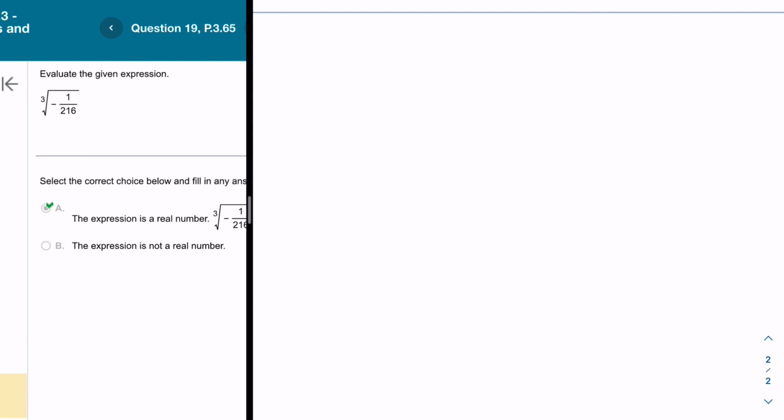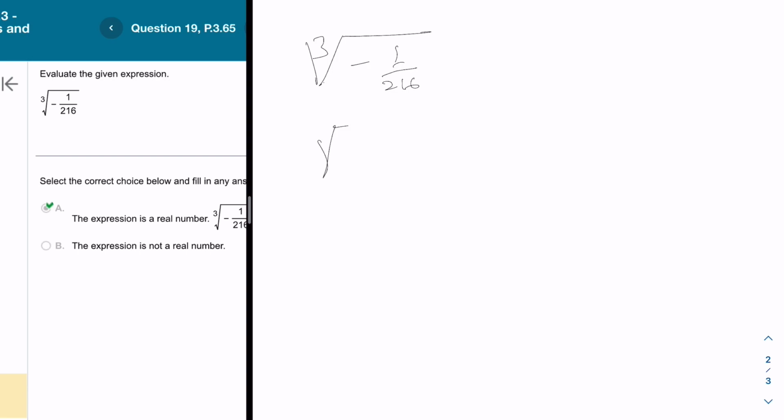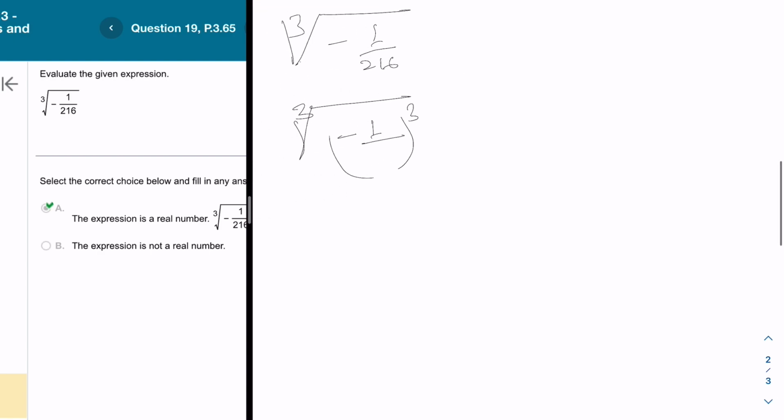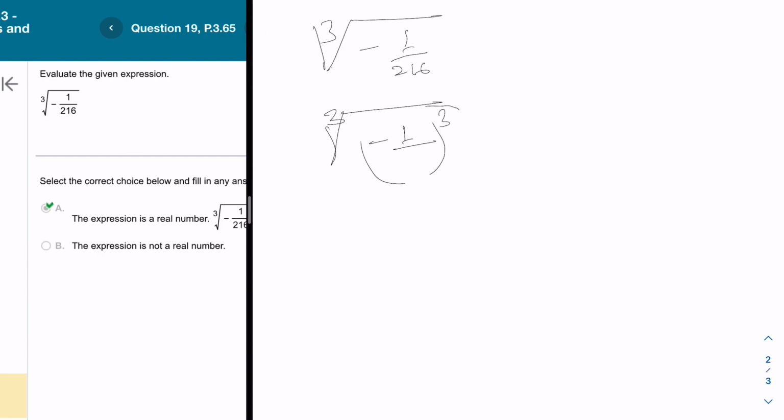We have question number 19, and the question is -1/266. So we just need to find the term whose cube equals this term.